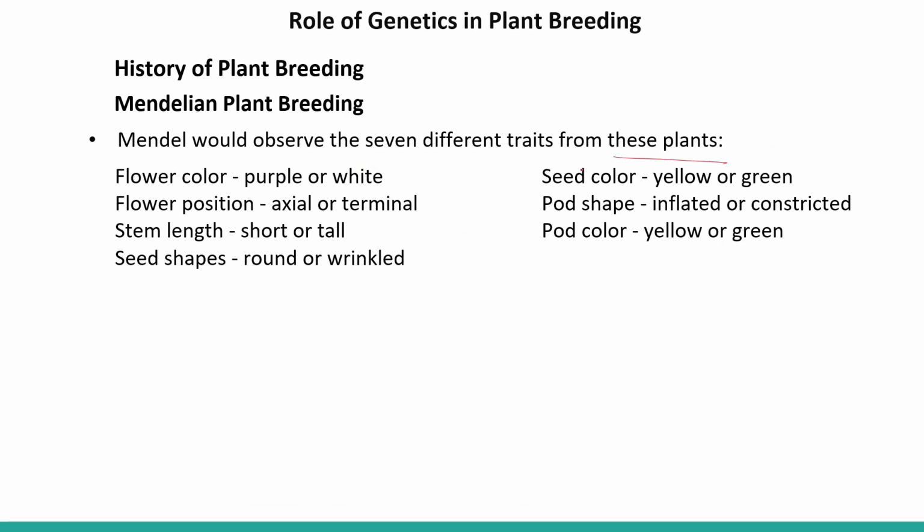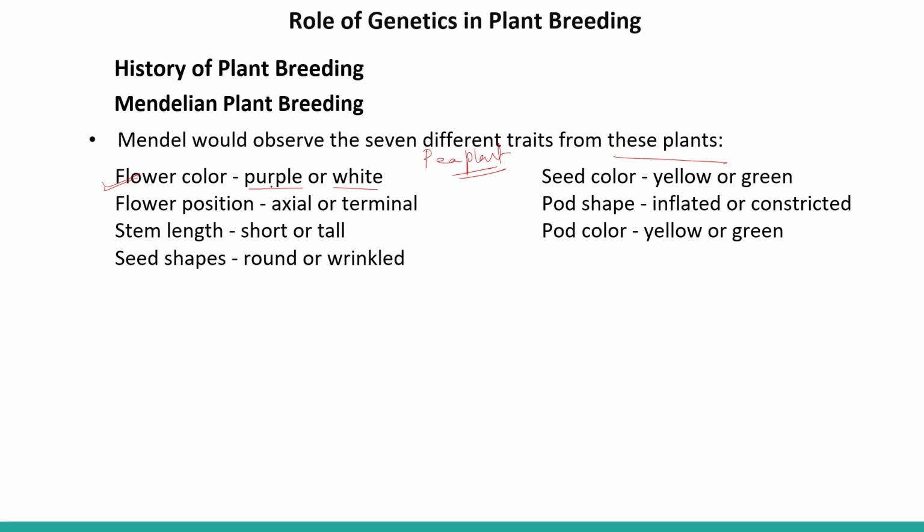So what were the seven traits he chose? The first was flower color, and the contrasting flower colors were purple or white, all present on the pea plant. These seven characters he chose from the pea plant for his hybridization work. The first one was flower color, purple and white.